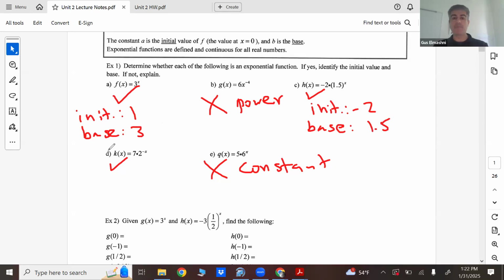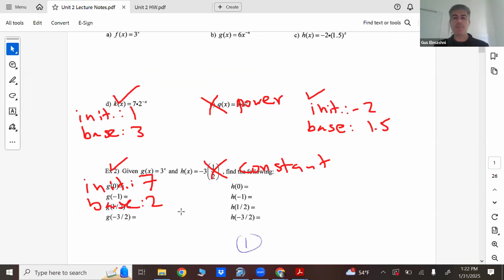Correct. Initial value here is 7. Base is going to be 2. So this should all be very straightforward stuff, right? We're okay with that? Okay. Can I move forward? Okay.